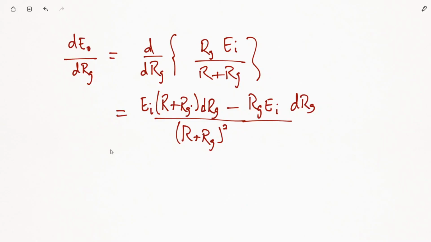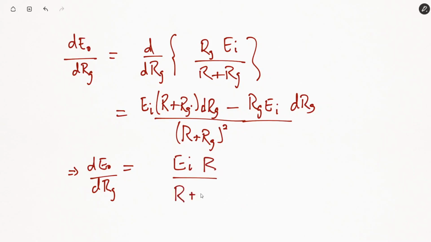So continuing, dE naught divided by dRg is equal to EI R divided by R plus Rg whole square.